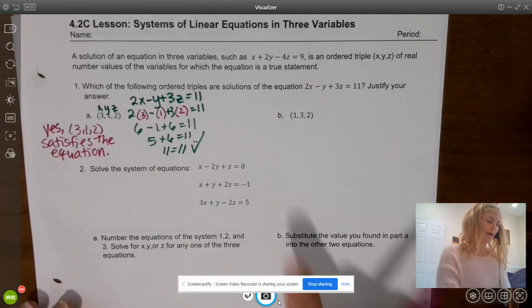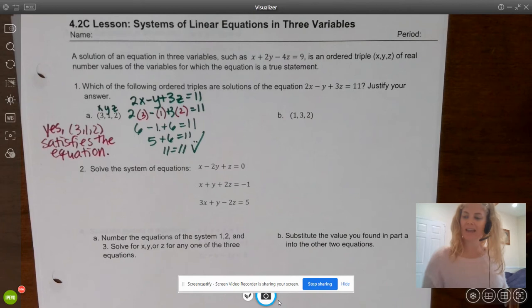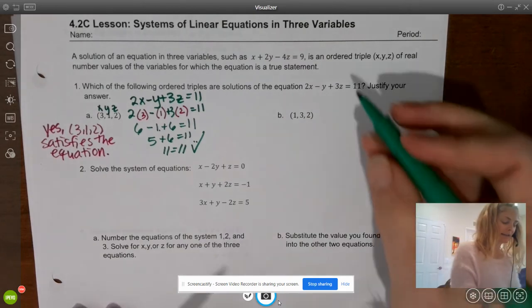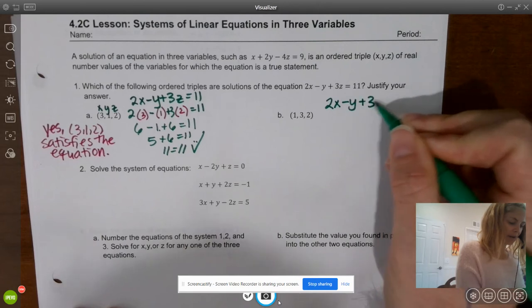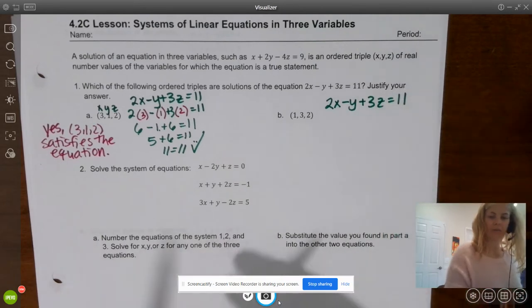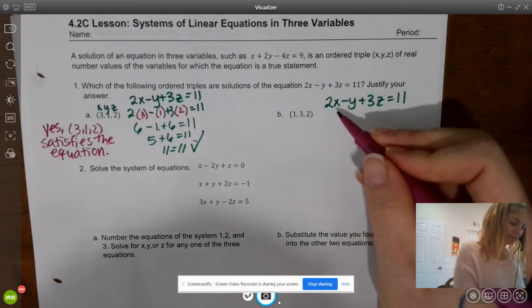Cool. And if we take a look at B, we always want to write the original equation, 2x minus y plus 3z equals 11. What do you think? Go ahead, substitute those in.